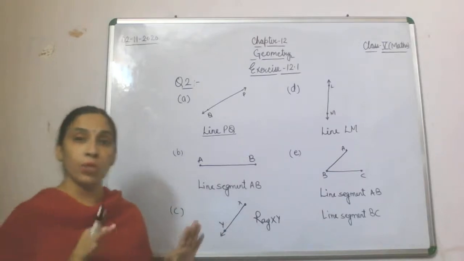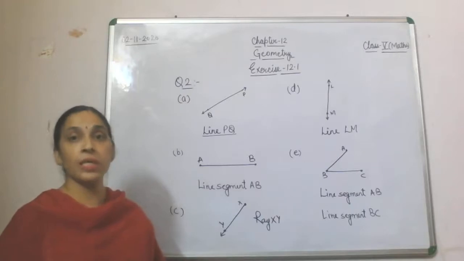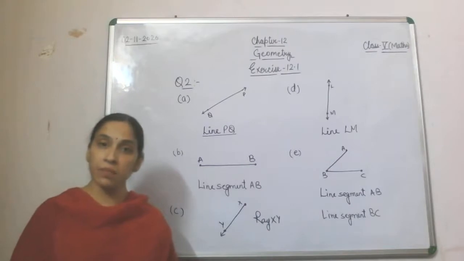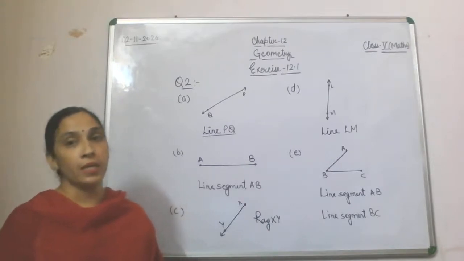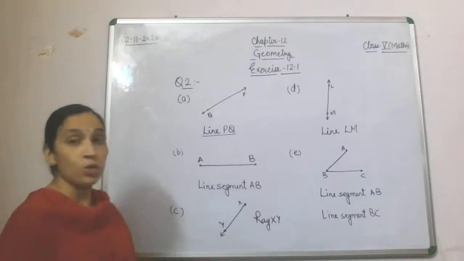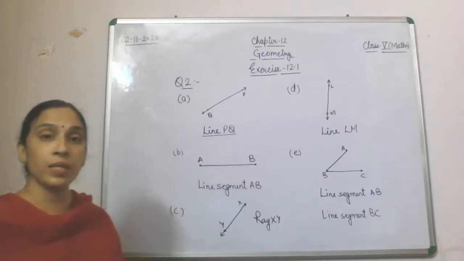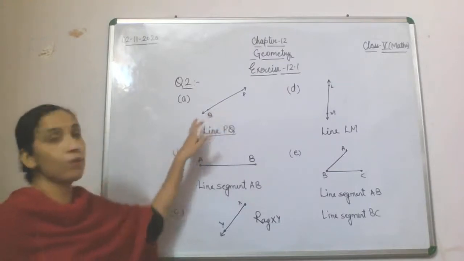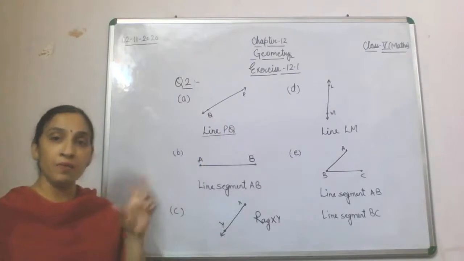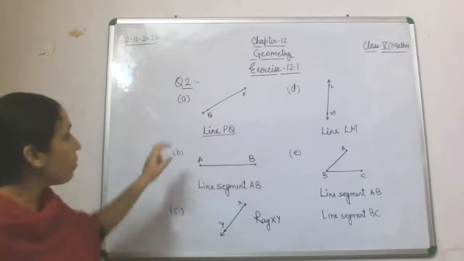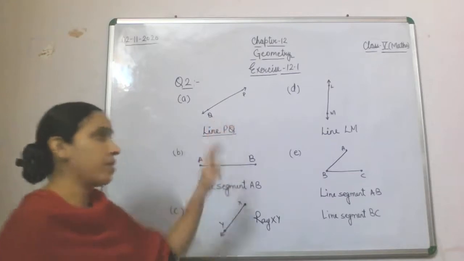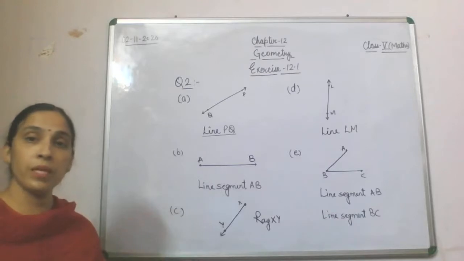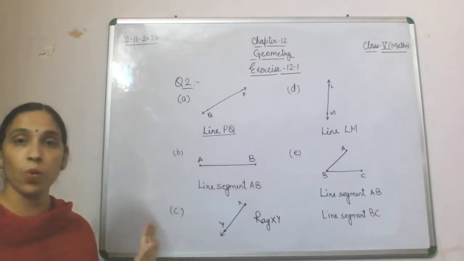Question number 2 is related to identification, and after identification, the next question will be related to drawing. So let's see this question 2 again so that there will be no issue while drawing it. See, a line can be extended from both sides. So in a line we have two arrows. Then why were we marking this? Within the line, where it is beginning and where it is ending, we do not know.